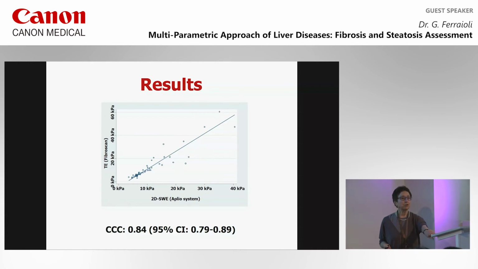This is true not only for the Canon system, but for all the techniques available in ultrasound equipment. And there is an explanation for that, and this is the difference in the push. Using the FibroScan, the push is made on the skin, whereas using the ultrasound equipment, the push is made directly on the liver.